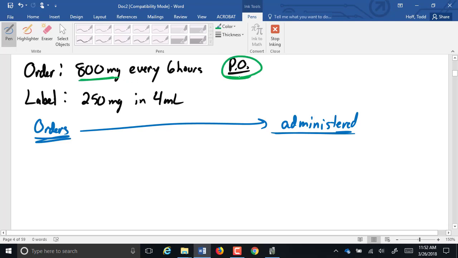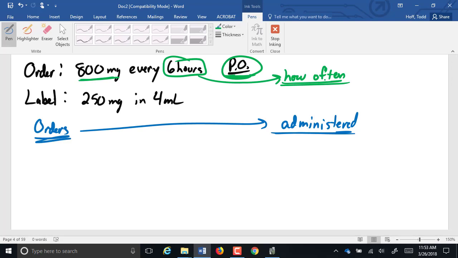Now, since this is given orally, that means we're not setting up an IV or anything like that. We're actually giving the medication to the patient. So the 6 hours here simply means that's how often we're going to do it. So in this case, the 6 hours isn't going to affect our calculation. That just means you have to put on your schedule every 6 hours you're going to go in and give the patient that medication.